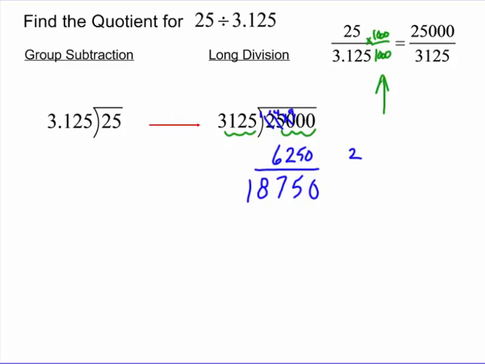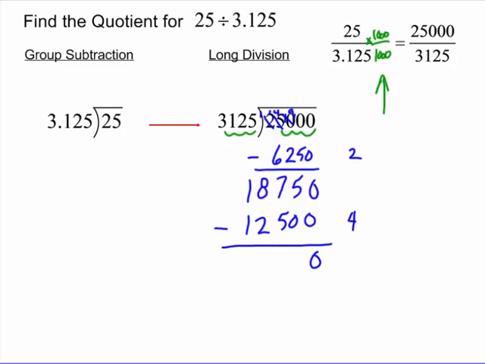So now I could see that 6,250, the two groups I originally subtracted, I could take a lot more away. So I might up this to 4 groups of 3,125. So I'm going to just double what I had previously. That's going to be 12,500.